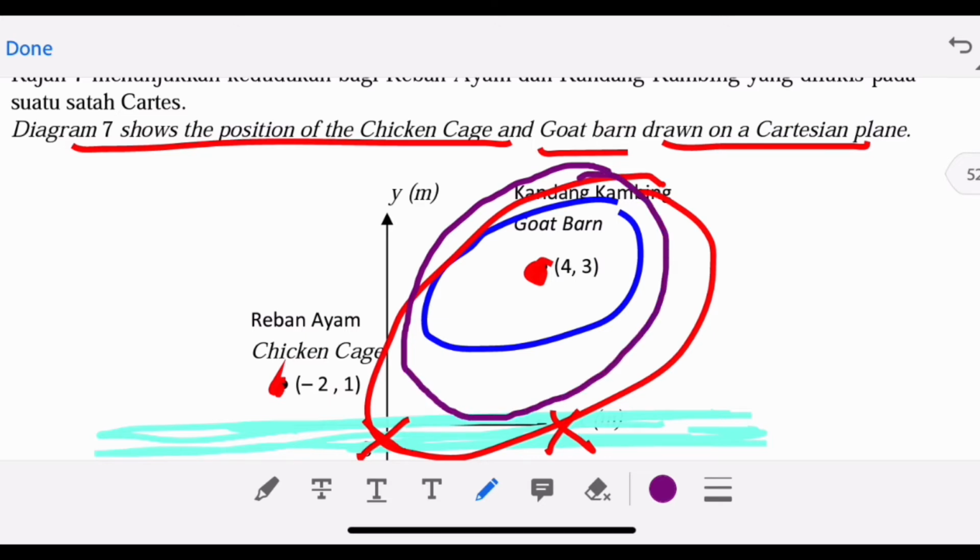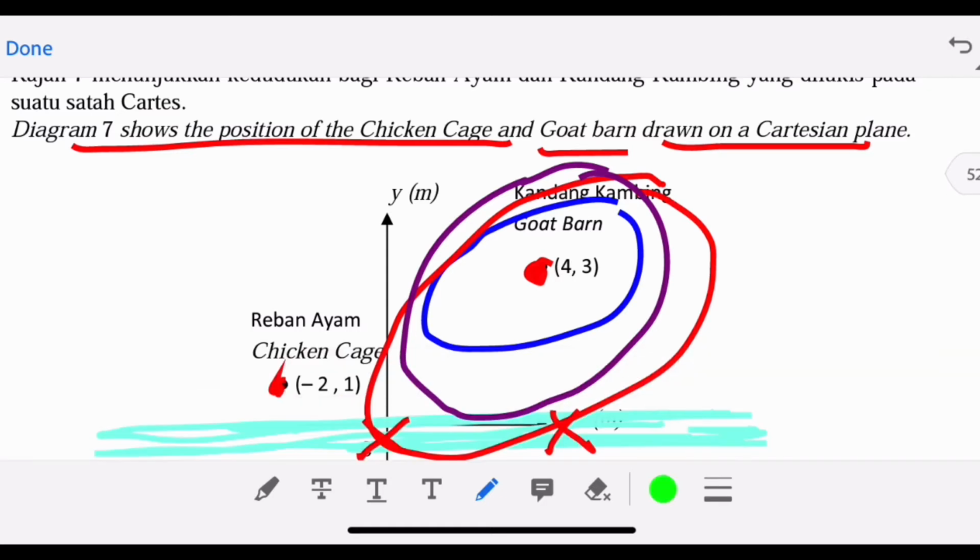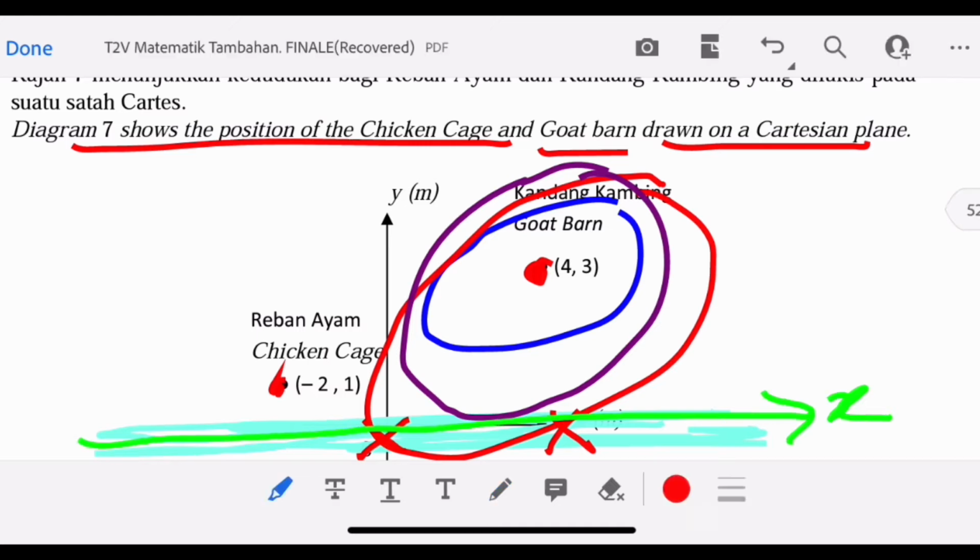So now you are asked to determine which scenario it belongs to, the red one, or the purple one, or the blue one. If it belongs to the red one or the purple one, that means the fence cannot be built. If it belongs to the blue one, that means the fence can be built because it does not cross the river.